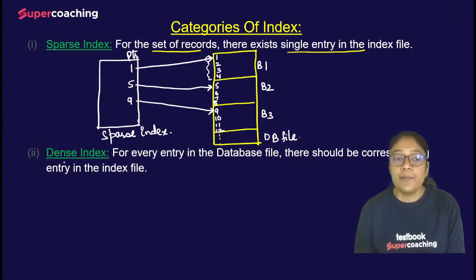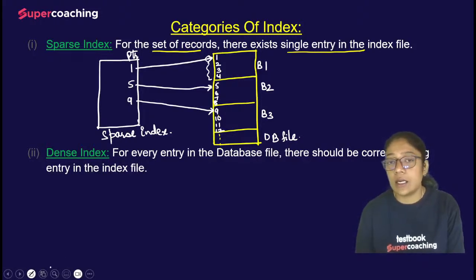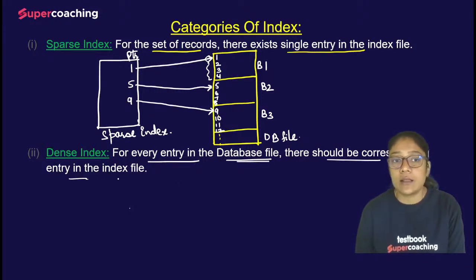On the contrary, in the dense index, for each and every record, there is an entry in the index file. That is known as the dense index. For every entry in the database file, there should be a corresponding entry in the index file.